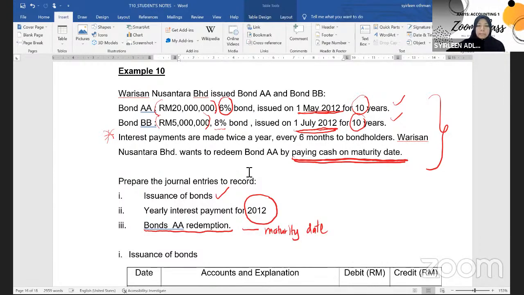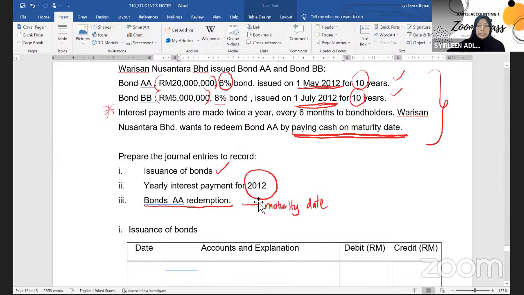So the first thing that you need to do is issuance of the bond. Kita ada 2 bond, which is bond AA and bond BB, dan tarikh berbeza. So bila tarikh berbeza, you're going to have two sets of journals for each bond on that particular date of issuance.